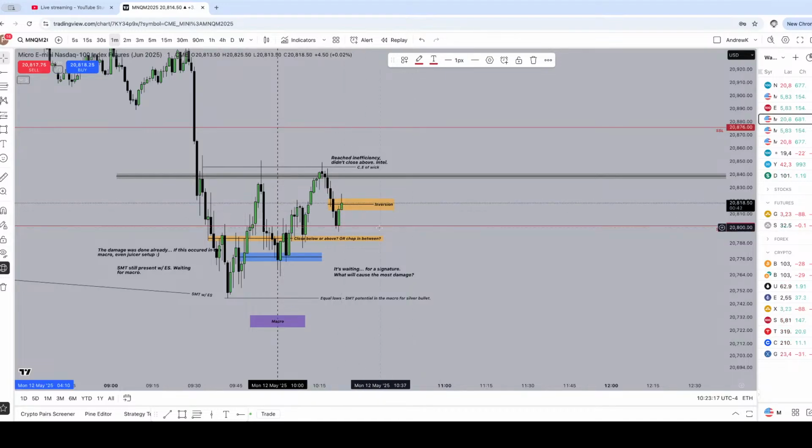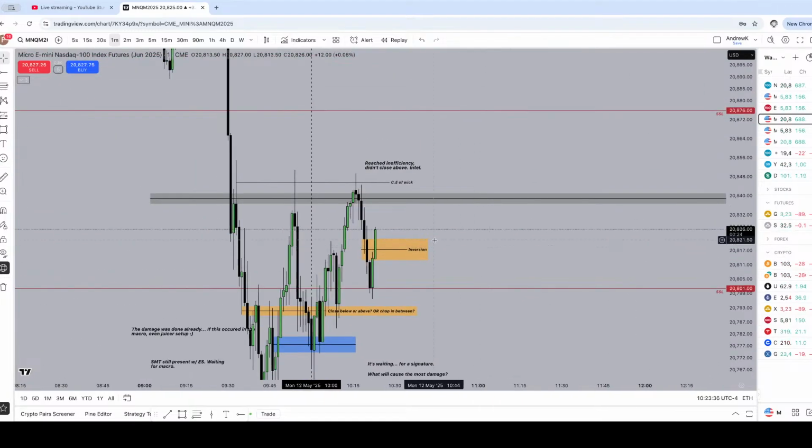Can't get a close above, boom. It's gonna disrespect it. That says, okay, we returned back to a little bit of a discount. Waited for something. Should get a close above here now.